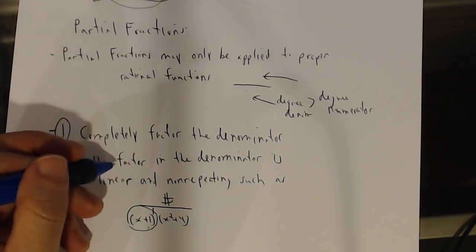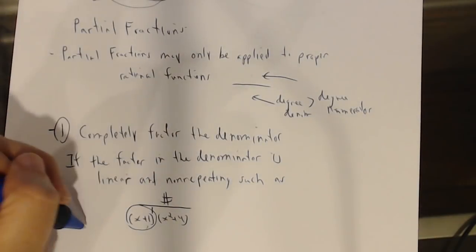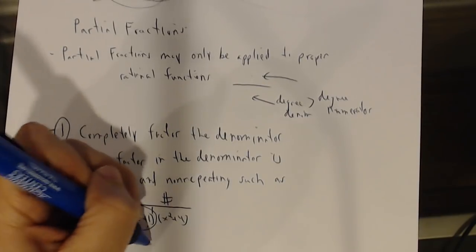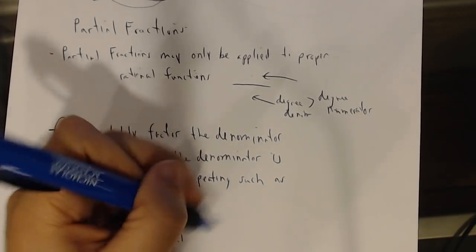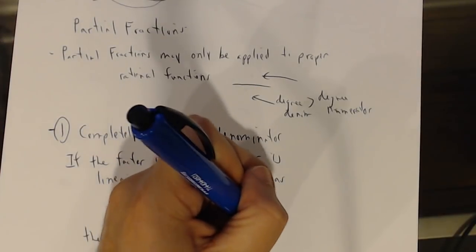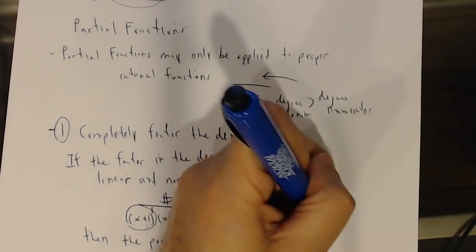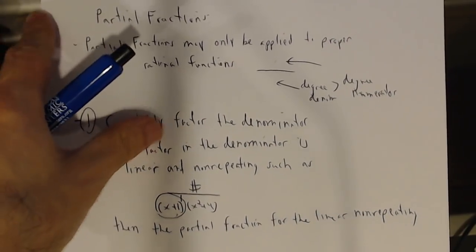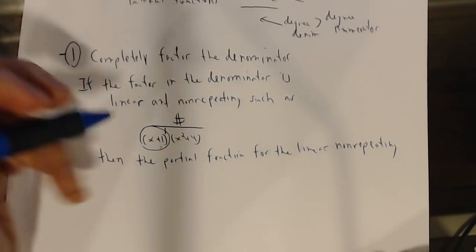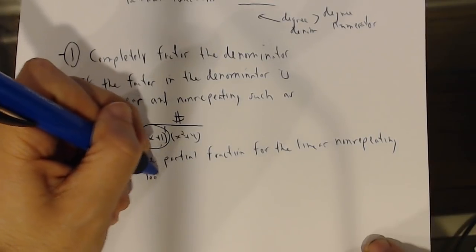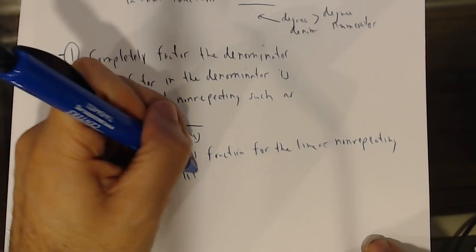So we would say then the partial fraction for the linear non-repeating factor looks like the following.